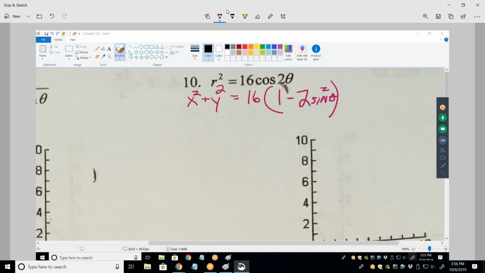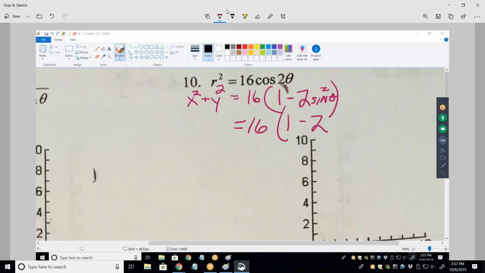I think that the cosine squared one is 2 cosine squared minus 1. So I believe this is correct. Yes, it's 2 cosine squared minus 1 and 1 minus 2 sine squared. That's right. Okay.